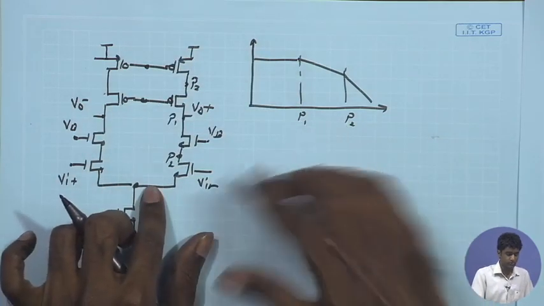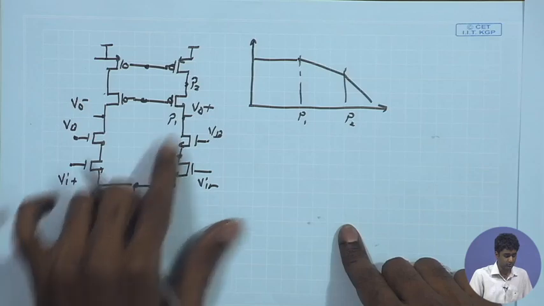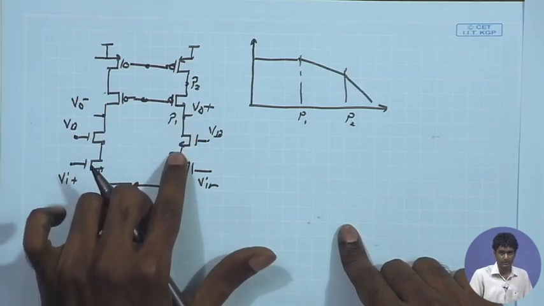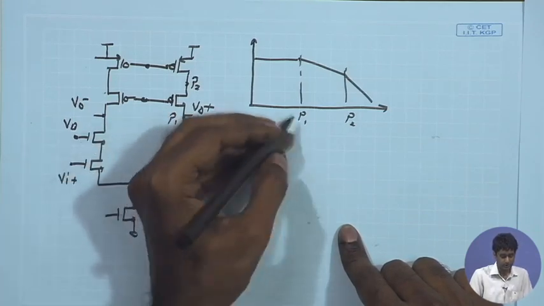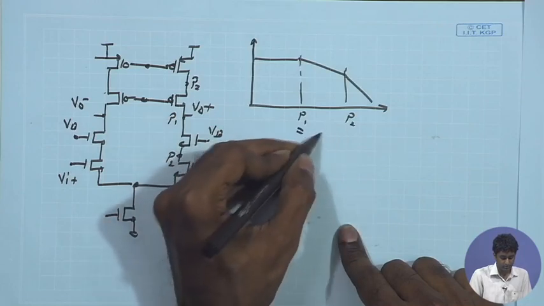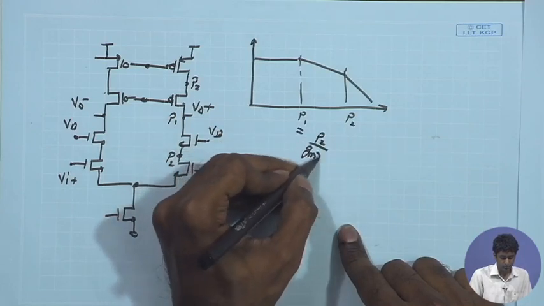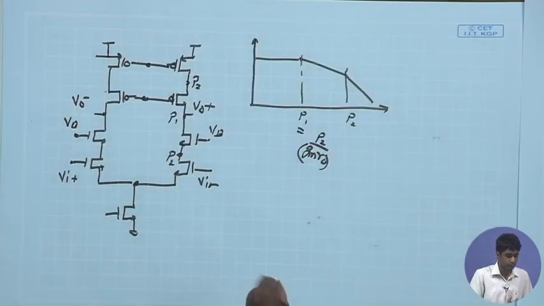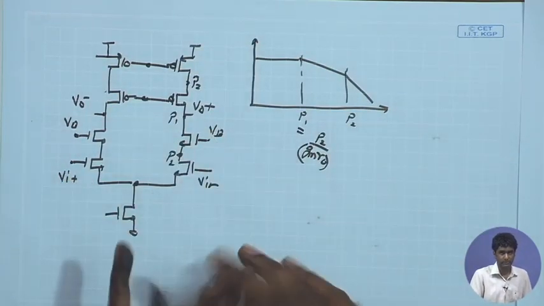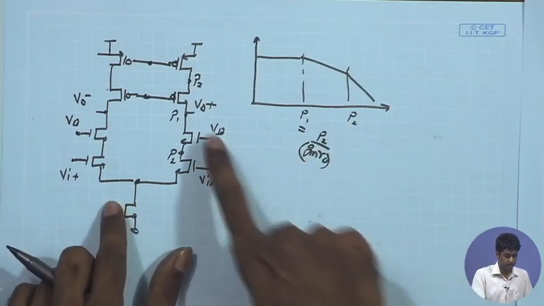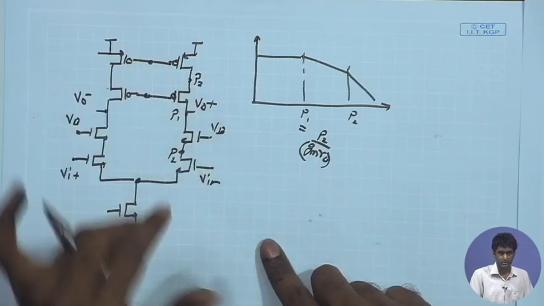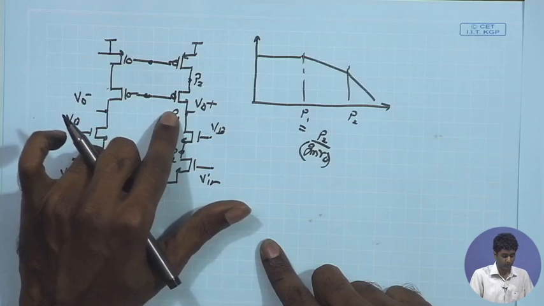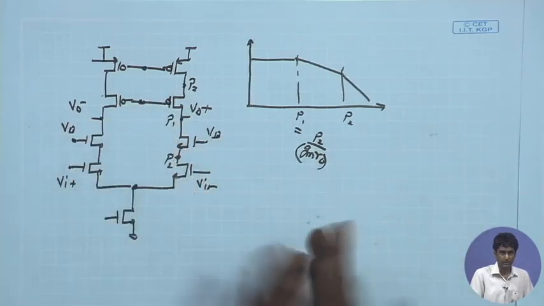The ratio of these 2 poles, if I don't have any additional capacitance put, is going to be of the order of GMRO, because we know that the impedances over here are of the order of GMRO. So this may be P2 upon GMRO, and in the closed loop, if you are trying to build a closed loop amplifier with the help of this, I would once again like to have P2 be much lower than P1 by the factor of GMRO whole square. This is the overall gain.